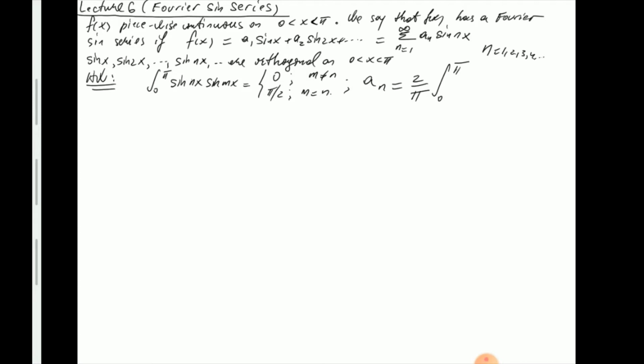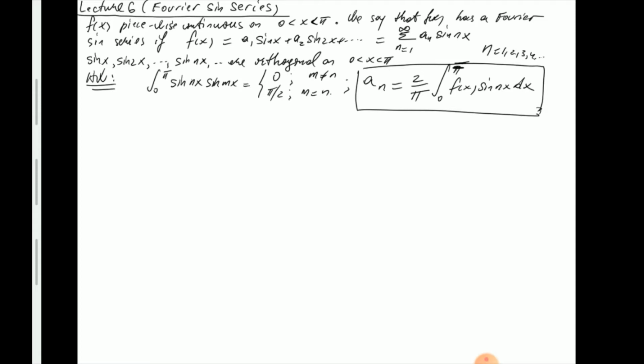An is 2 over pi, the integral from 0 to pi of f of x sine of nx dx. And just like the cosine series, we're going to use tables of series to obtain these representations. But for now, let's use the formula for a couple of examples, and we're going to compare with the cosine series.